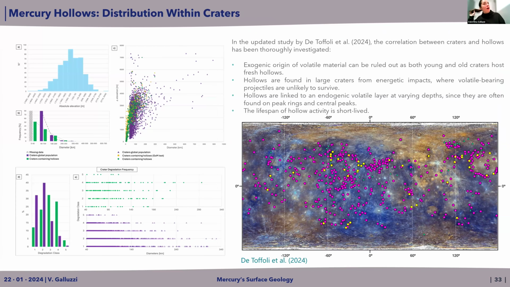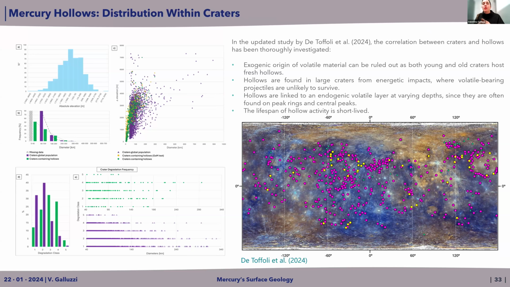Latest results about hollow studies analyze their occurrence across the planet. And since we find them especially within craters, one may inquire whether the origin of the volatiles creating hollows is exogenic.